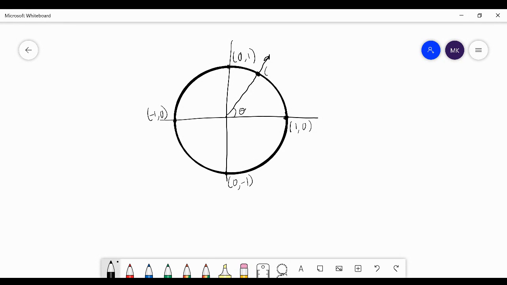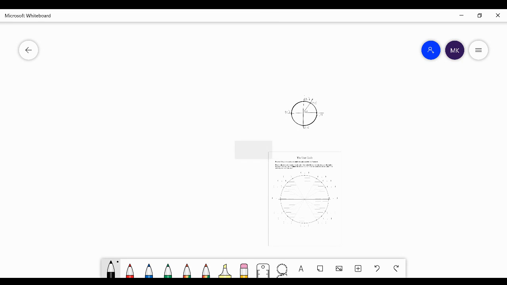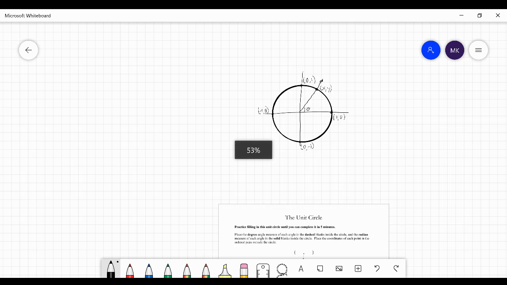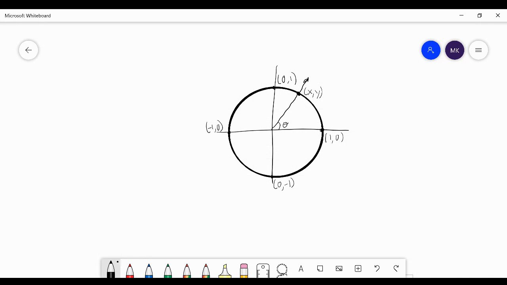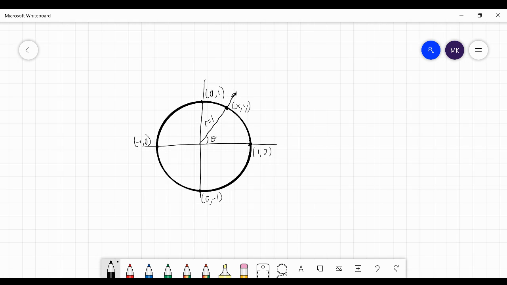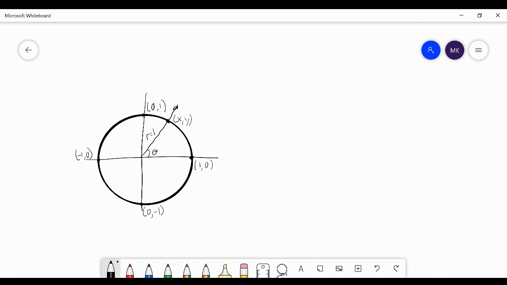This point right here, this (x, y), is on this unit circle, which means the radius equals 1. So if we're on this unit circle, sine of theta is equal to y over r.